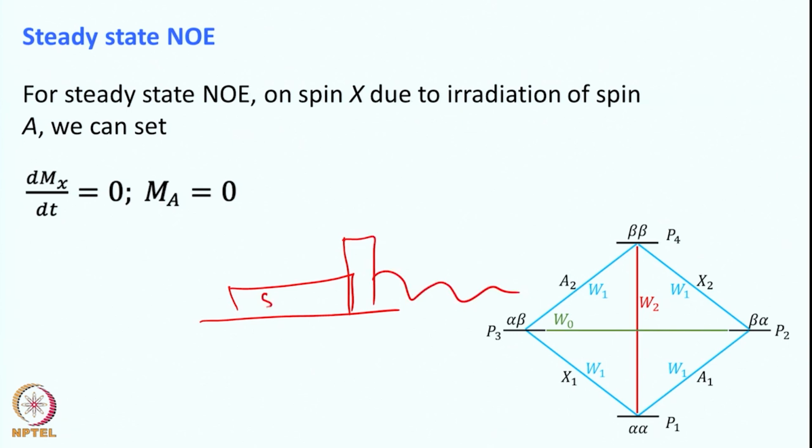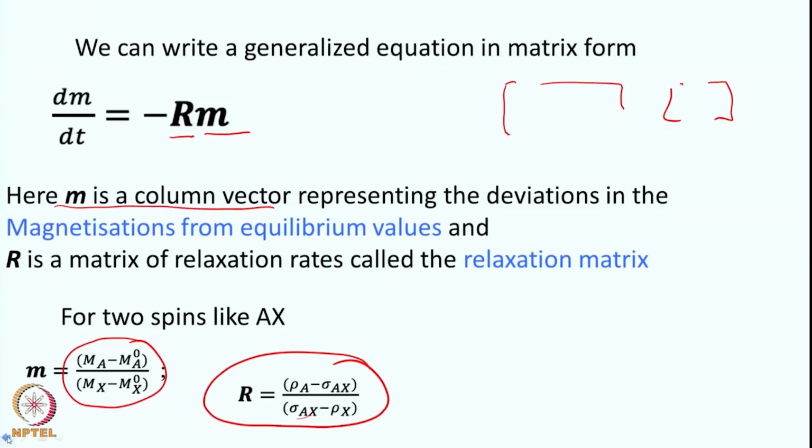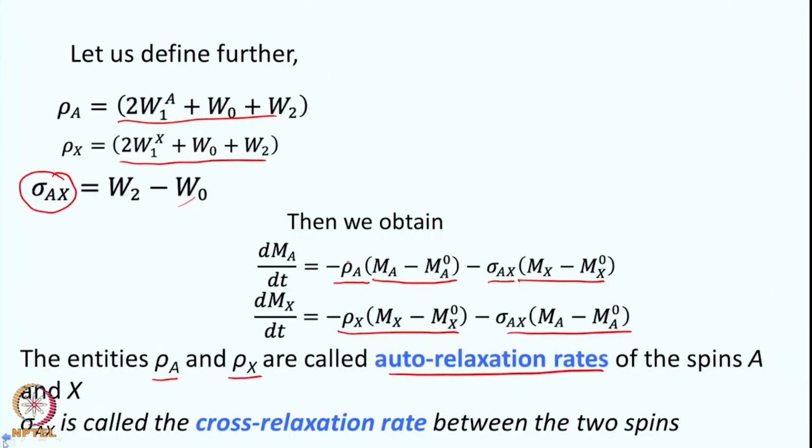If we irradiate spin A, what is going to happen to the magnetization of the other spin? That we are going to look at in detail using this generalized magnetization form that we had.